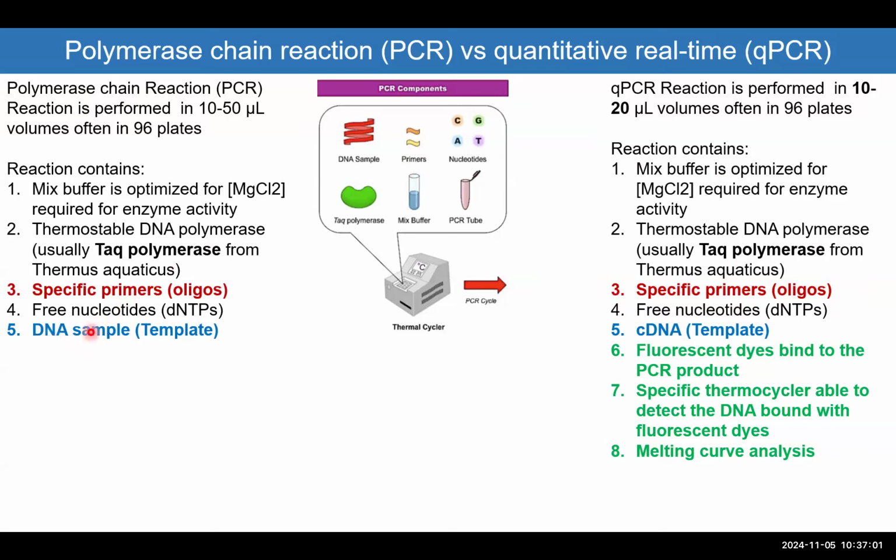Now, the template could be genomic DNA here. The template in the qPCR should be the cDNA, which is the coding part of the gene. And obviously, when you generate a PCR product here, most of the time you will take it to the gel and check it, or you want to clone it, put it in a bacteria on a plasmid, and then do whatever.